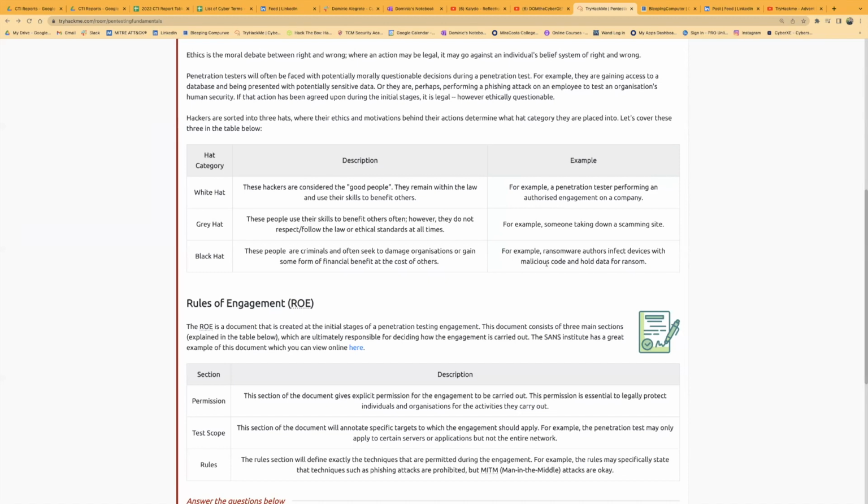There are three categories of hackers. One of them is very malicious. The other one is semi-malicious, but they don't do it for malicious purposes. And the other one isn't malicious. So the white hat hackers are considered the good hackers, right? They use their tools and skill sets to benefit others as well as companies.